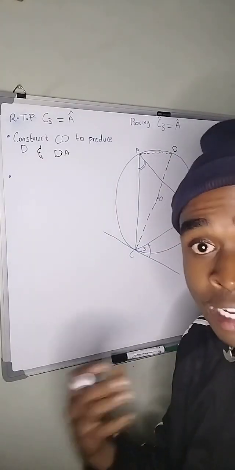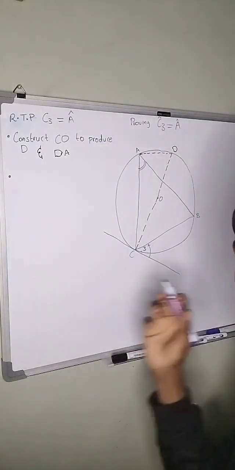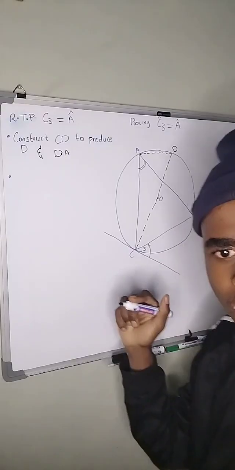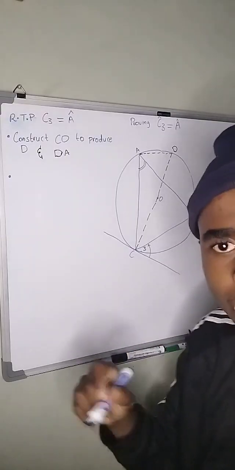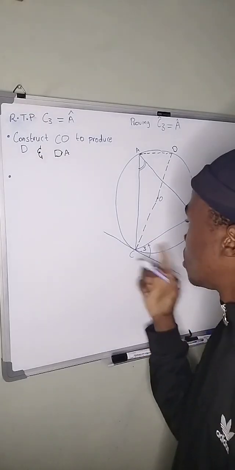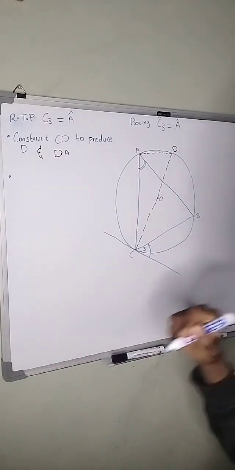That's good. We stated the theorem that we are going to use, which will help us prove that C3 is equal to A. So let's start.